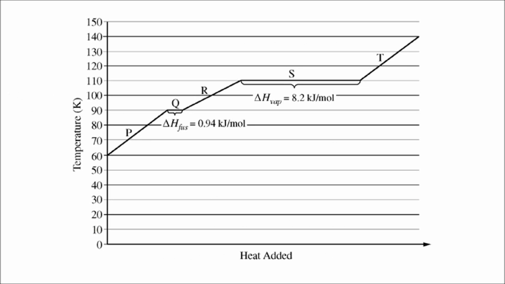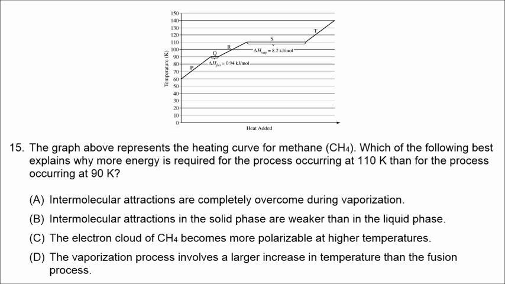All right, number 15 has to do with this heating curve. And you can see that the process occurring at 110 Kelvin, which is vaporization, is requiring more energy than the process at 90 Kelvin, which is fusion or melting.